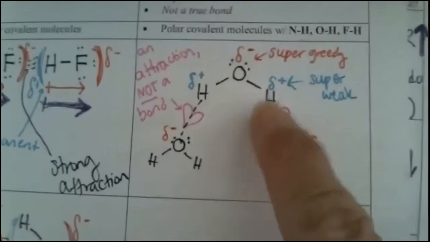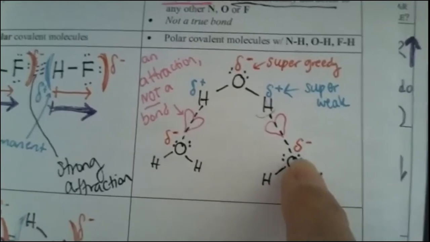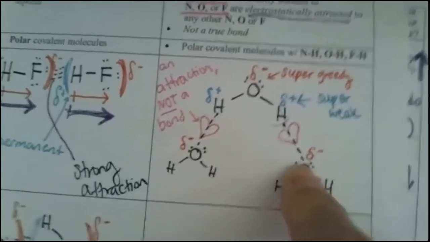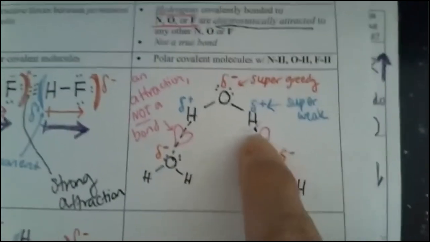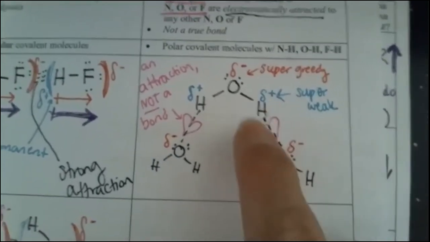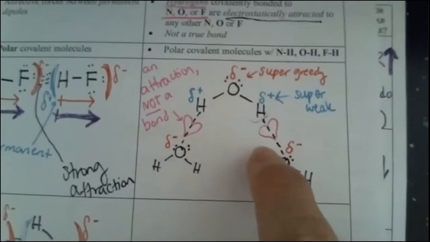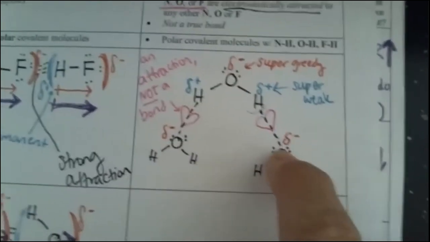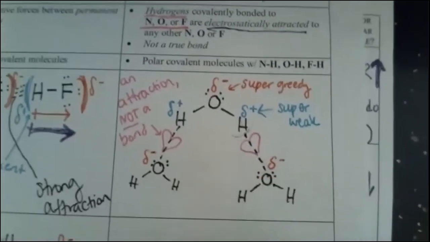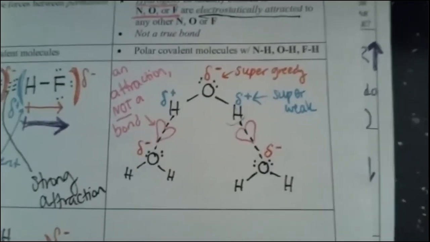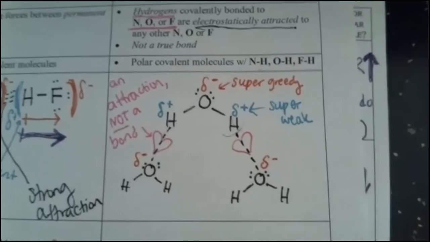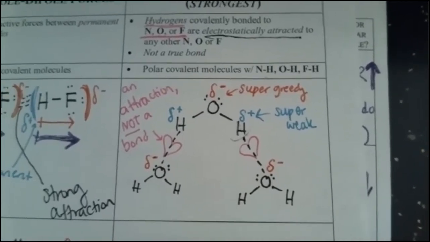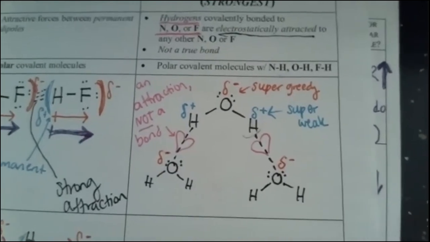It's just an electrostatic attraction, positive and negative, like the poles of a magnet. Just like electrons are attracted to protons in the nucleus, negative, positive. So here's a partial positive attracting to a partial negative, just like magnets.